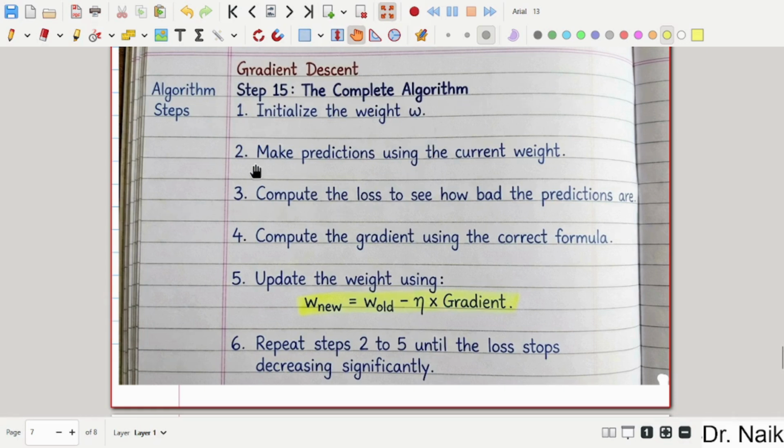Repeat steps 2 to 5, that is making the prediction, computing the loss, computing the gradient and then updating the weight. Repeat these steps until the loss stops decreasing significantly.